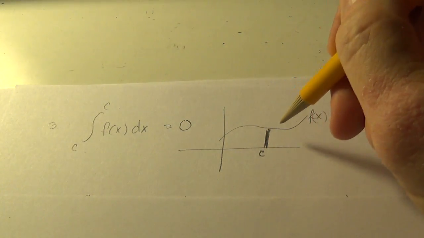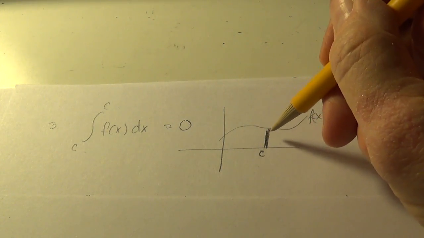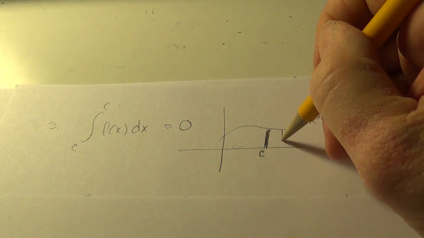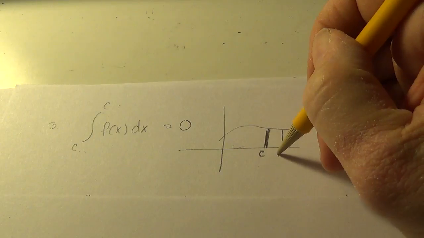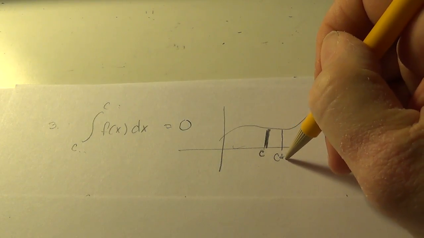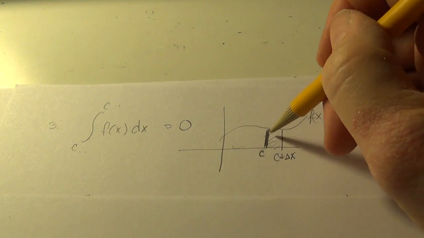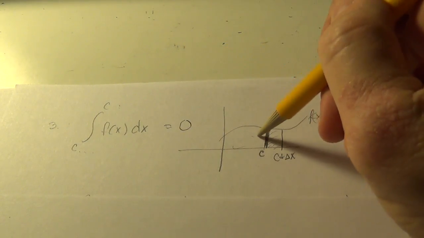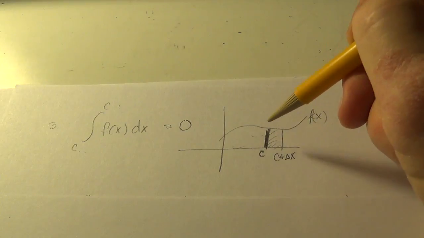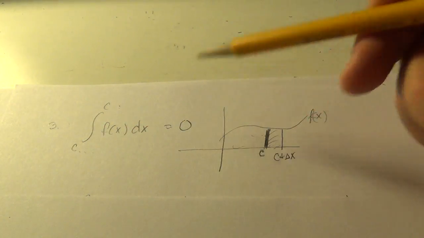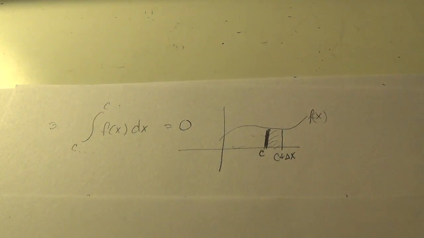There has to be a difference between this and this in order to create an area under the curve. Like if I went c to c plus some change in x, then I would have an area. But if I just go from c to c, I create no area. It's just the line. So the integral from c to c of any function is just 0.